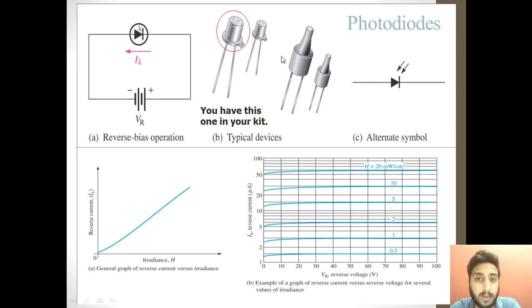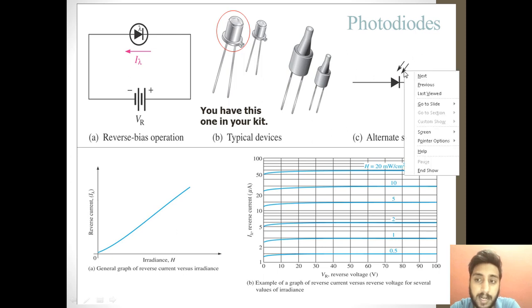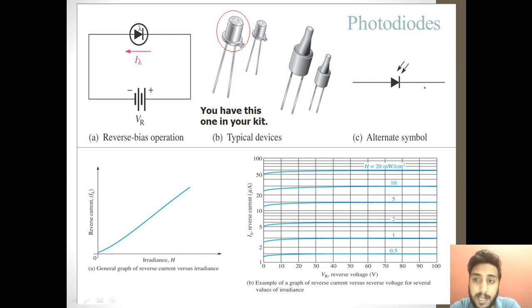There are several shapes of photodiodes available in the market, and the diagram of the photodiode is shown here. The alternate symbol is shown here because it shows that the input is light. If light strikes this diode, it starts conduction. The energy from the light photons is converted into the flow of electrons.